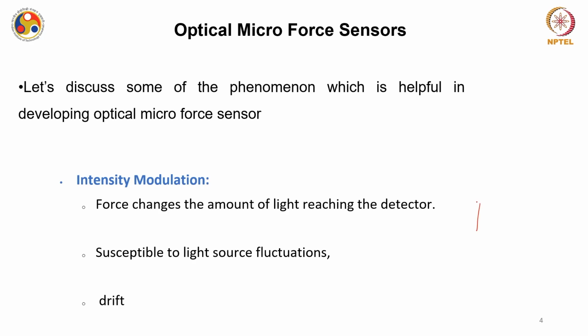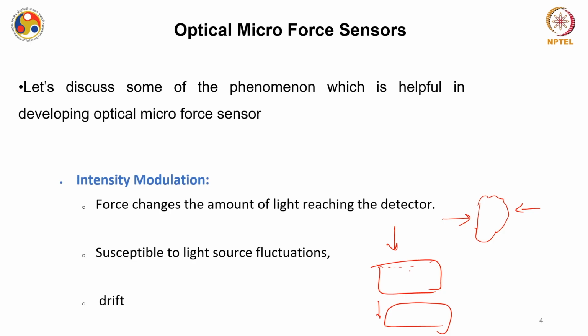Say I have this object on which I am applying a force, because of which there is some deformation in the object. There can be a displacement also if this object is moving to this place, for example. But let us consider the case of deformation.